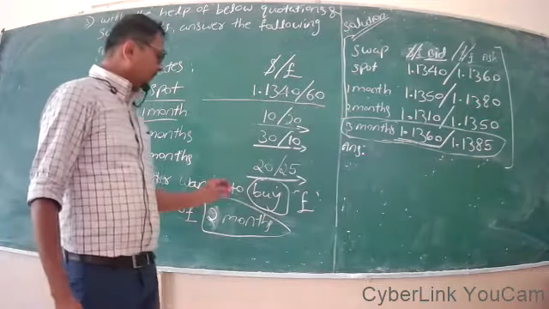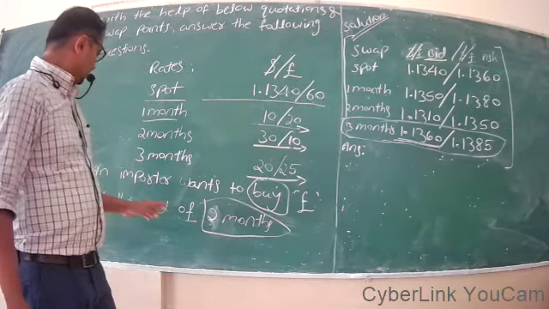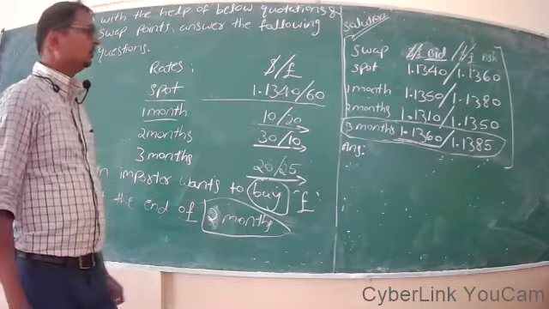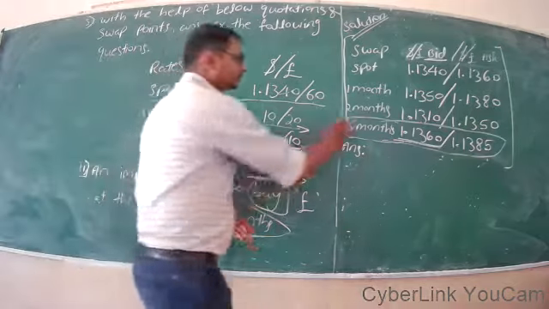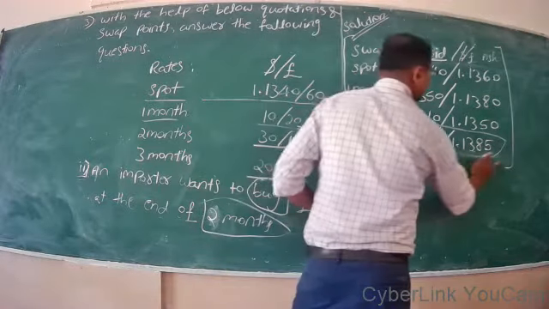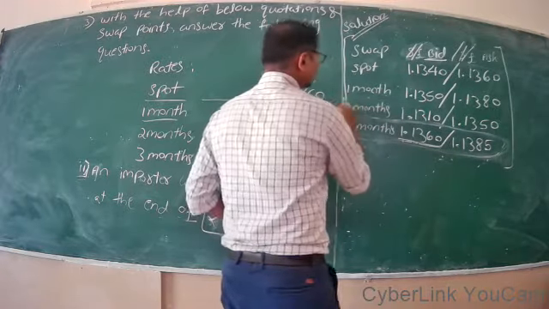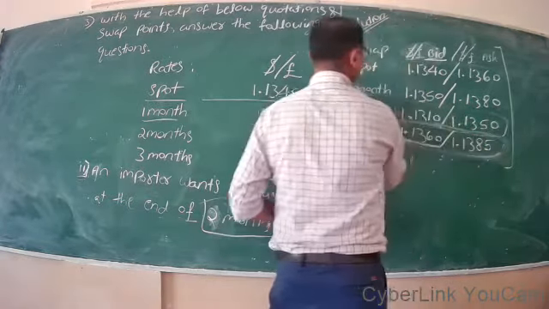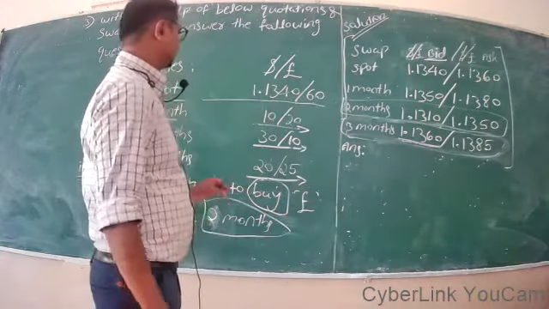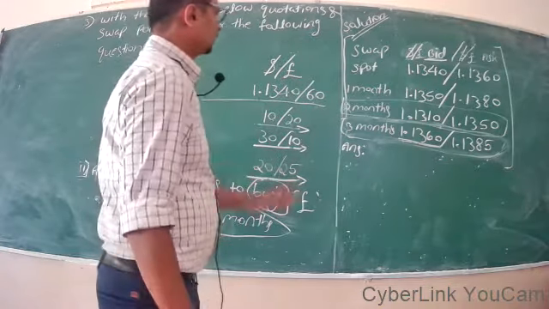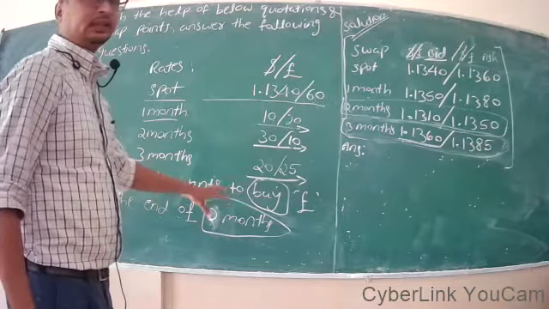So if an importer wants to buy sterling pound at the end of 2 months, this is related to the 2 months outright rate. In the earlier question they were asking 3 months. Now this question is related to 2 months.